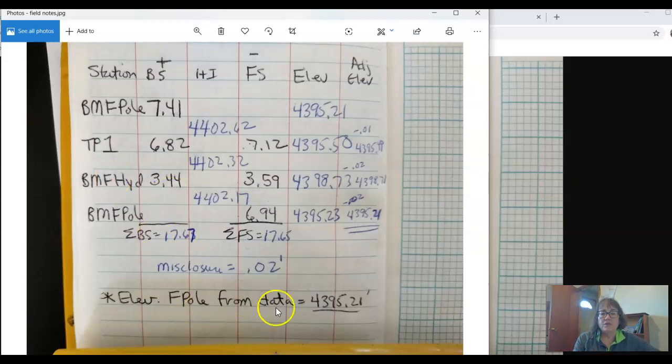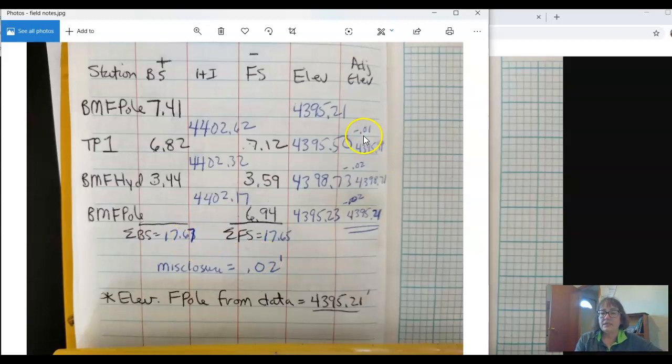So what we have to do is to decide where we're going to add or subtract those adjustments. Now here, the back sights, 17.67, are larger than the forward sights, 17.65. So that means that my pluses, because the back sights are pluses, are larger than my minuses. So that means that I have too much, there's an excess.